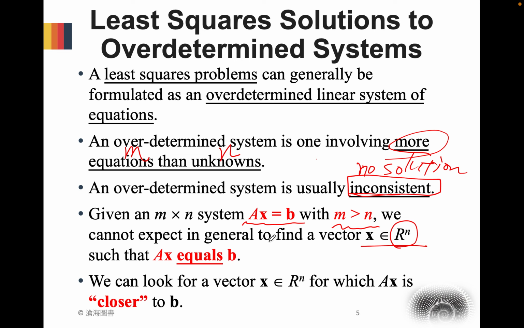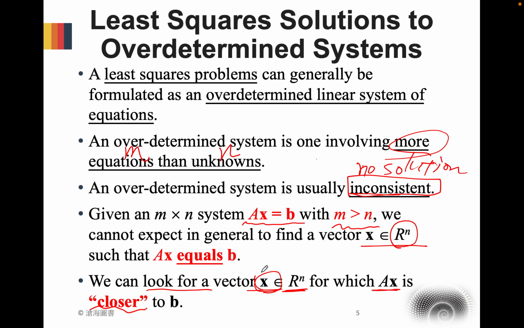Okay, so in the case of no solution, the next target of solving this linear system would be to look for a vector x in R^n for which Ax is closer to b rather than equal to b.